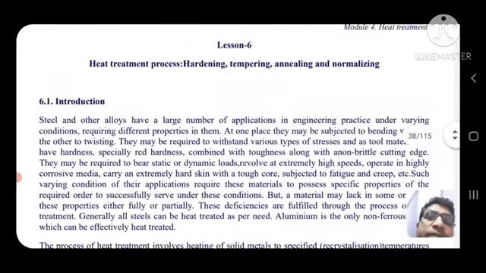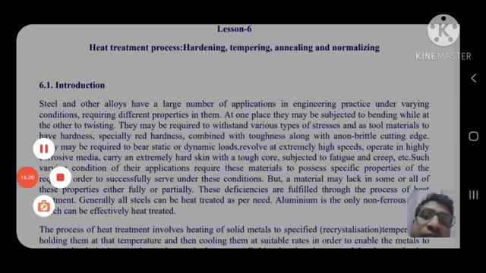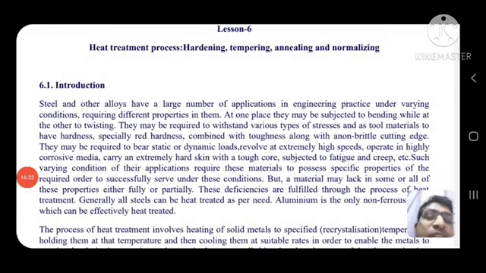Another one is the heat treatment process. Why is heat treatment necessary? To improve the strength. Steel and other alloys have a large number of applications in engineering practice under varying conditions, requiring different properties in them.